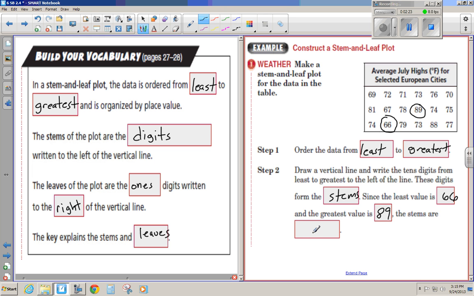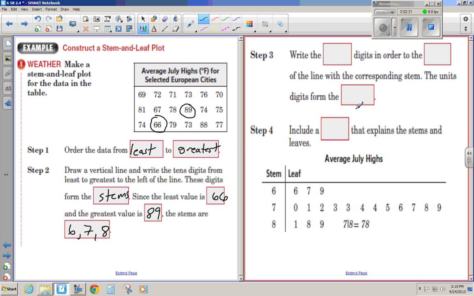So then the stems are 6, 7, and 8. So write the tens digits in order to the left.